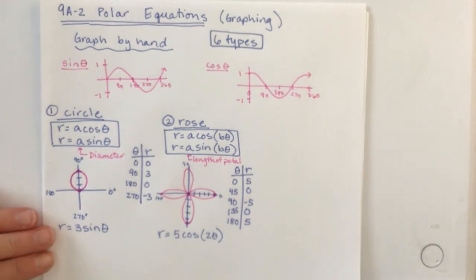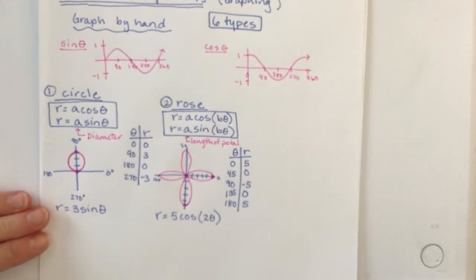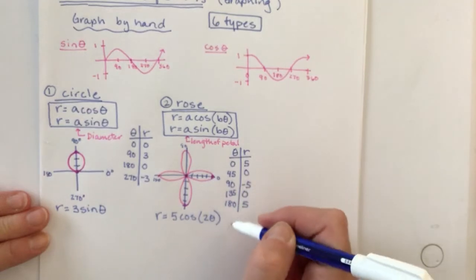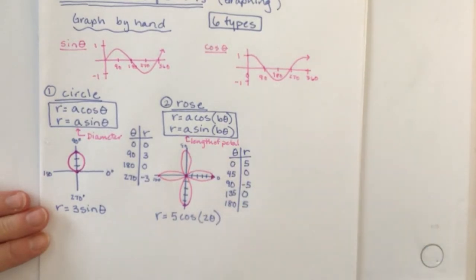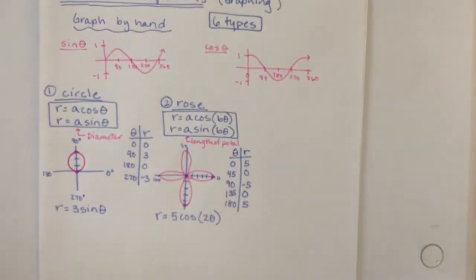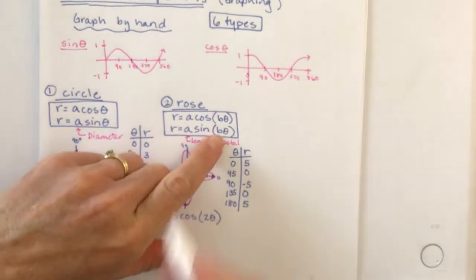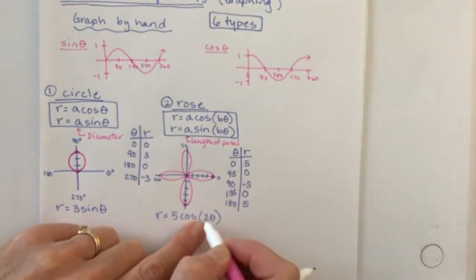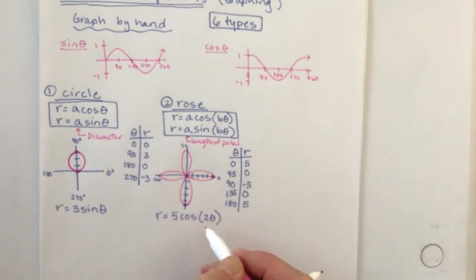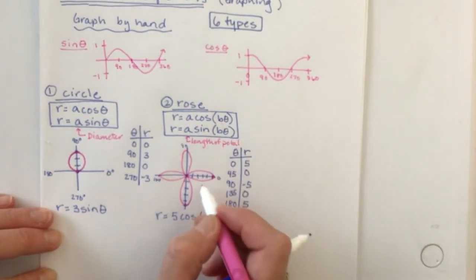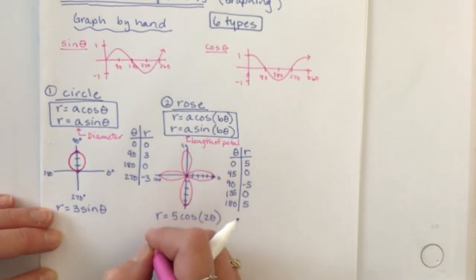So instead of having a really long table here, I'm going to give you some hints. If B is even, like we had 2, you get 2 times B for the number of petals. So B was 2 here, so that's why we got 4 petals.